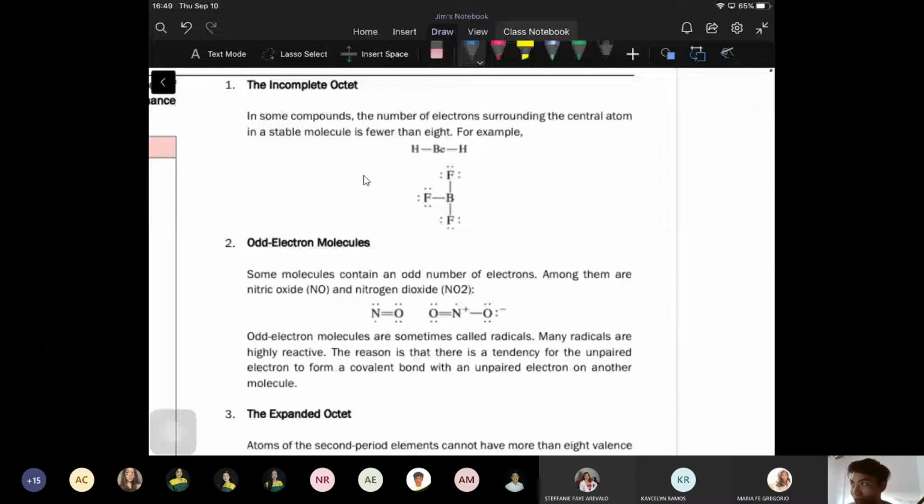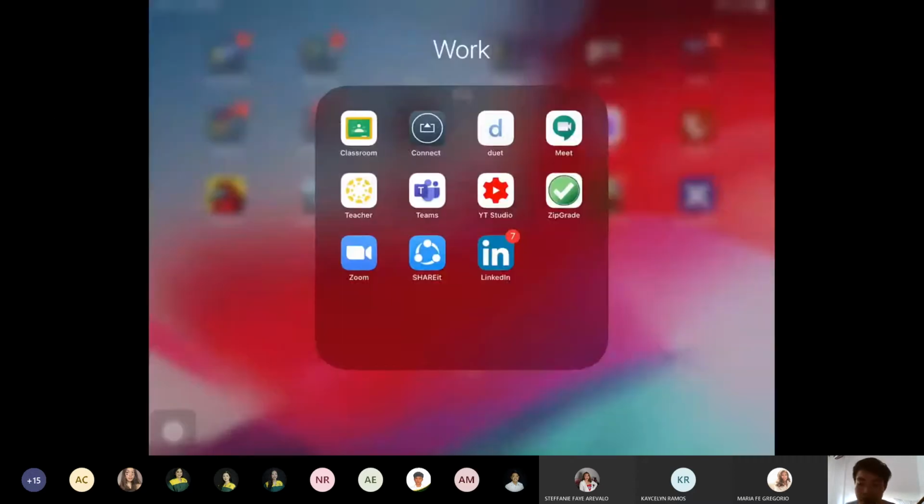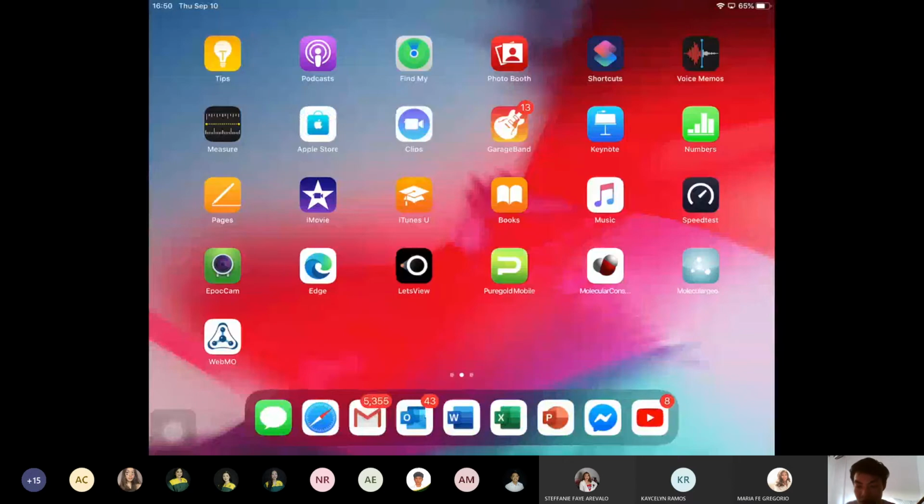Again, there are some atoms or molecules that have a p orbital, but they cannot complete the octet. Why? Because number 1, they have metallic properties. When we say metallic properties, I am pertaining to just a few atoms.